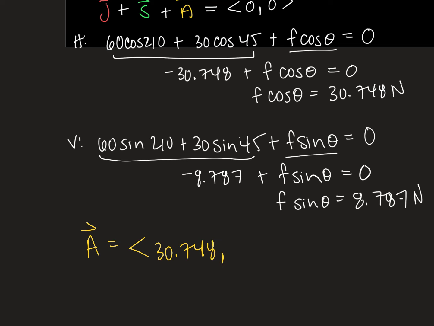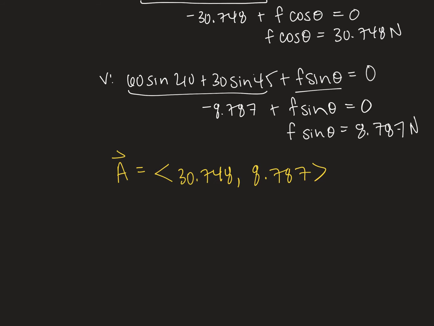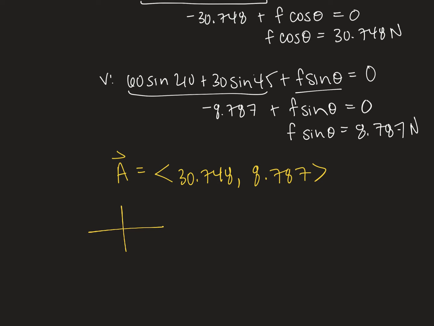Okay, so now I can actually write Austin's vector to be 30.748, comma, 8.787. Okay, so what that means is we have this vector going on, where this is that 30.7 and this is the 8.8, just rounding.